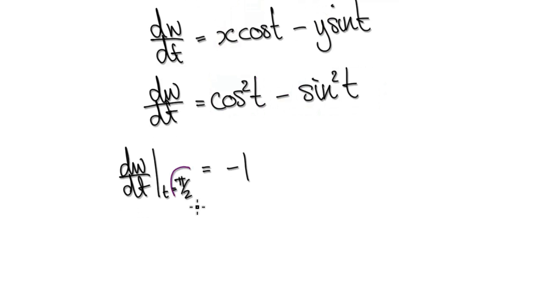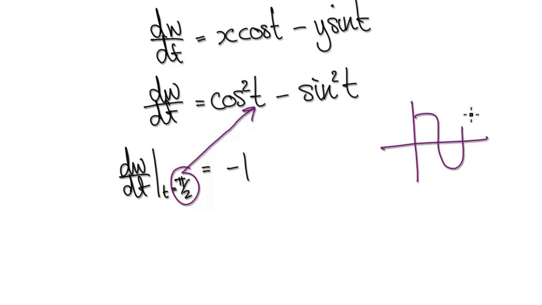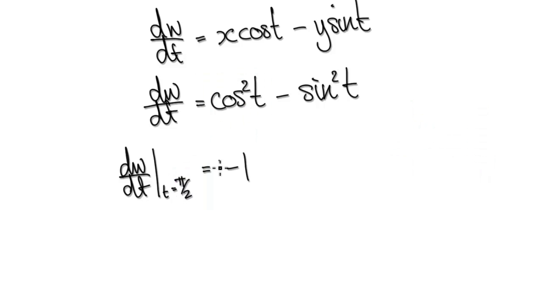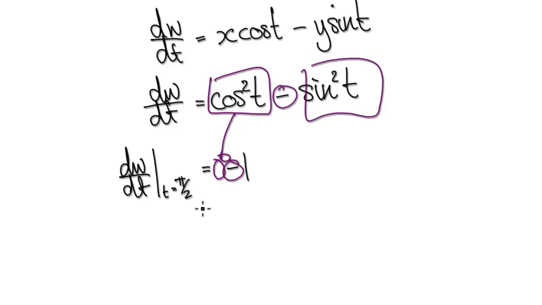If you put this in, remember cos looks like this. This is 2 pi, this is pi, so at pi over 2 the cos is 0. 0 squared is going to be 0, so this thing here is going to be 0. And then you've got your minus, and putting this in will give you 1. So you're going to have negative 1.